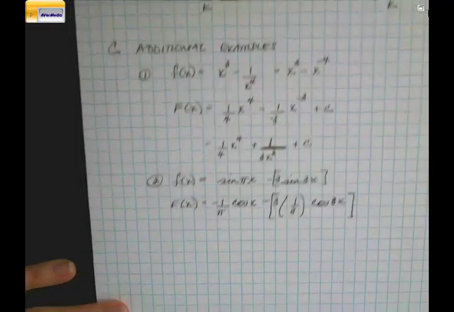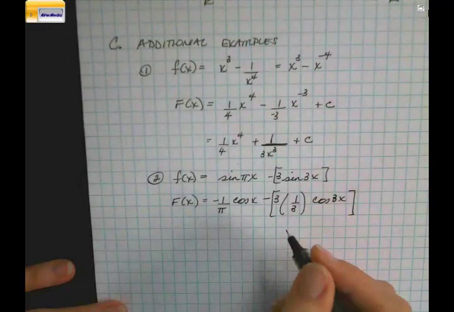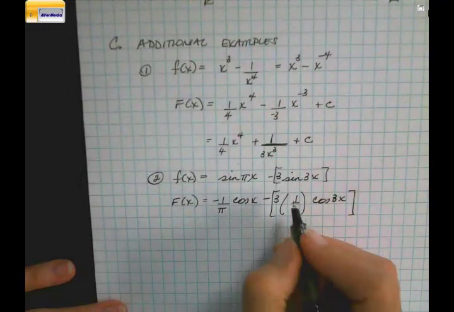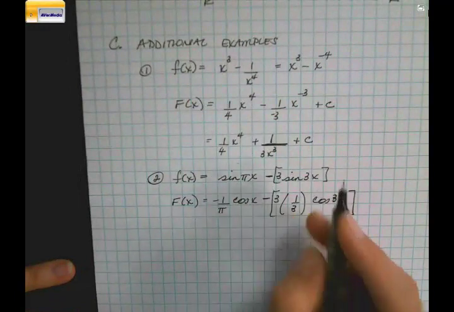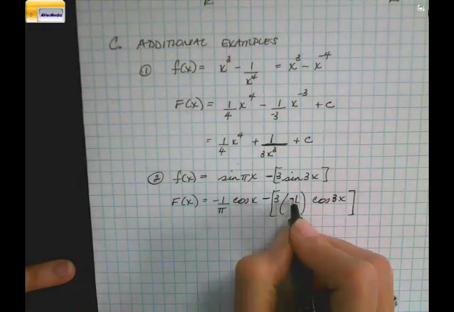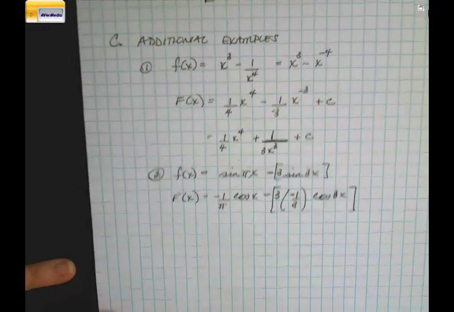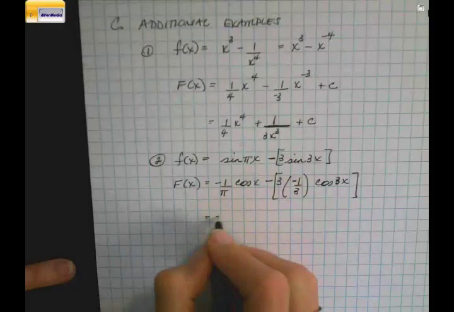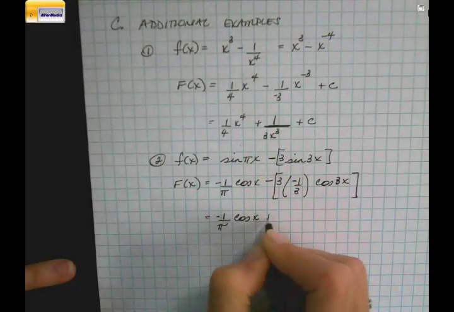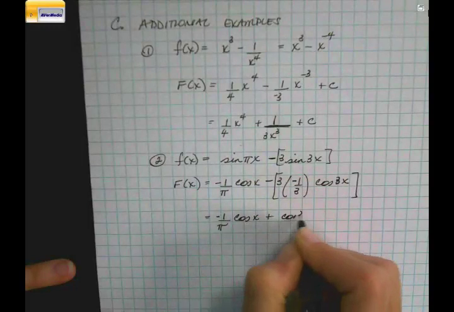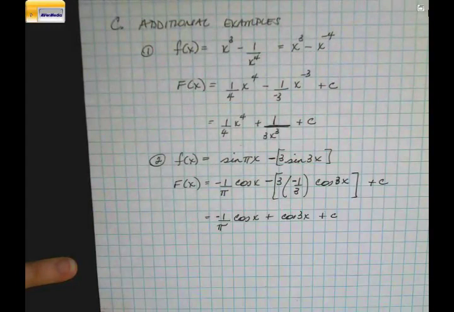The derivative of cosine is sine, so this is supposed to be subtraction of a negative number, right? So we got to get a negative in here. Where do y'all want to put the negative? This is subtraction, and then the negative, I'll put the negative in front of the 1/3. How's that? So this is a negative 1 over pi cosine of x plus cosine, oops, I forgot to put the plus c. Plus c.